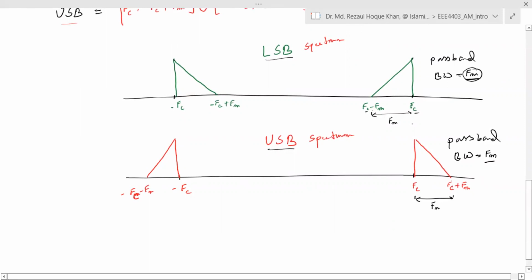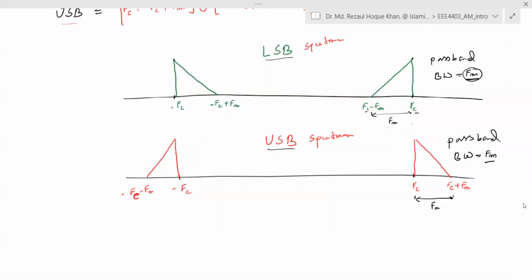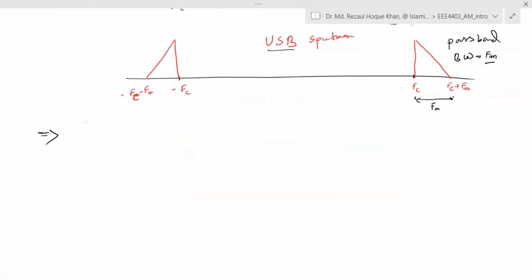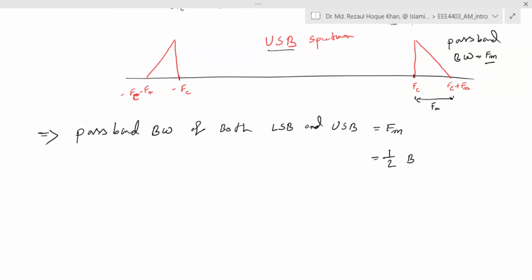So we can write that the passband bandwidth of both LSB and USB is FM, which is nothing but half of the bandwidth of DSB, double sideband suppressed carrier.